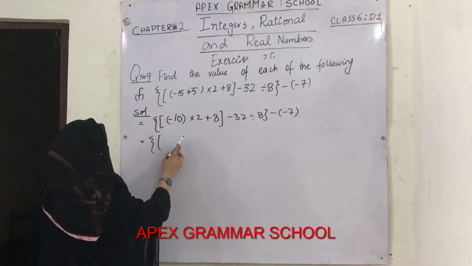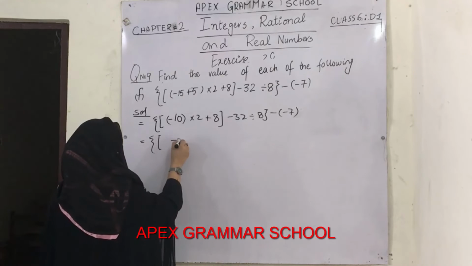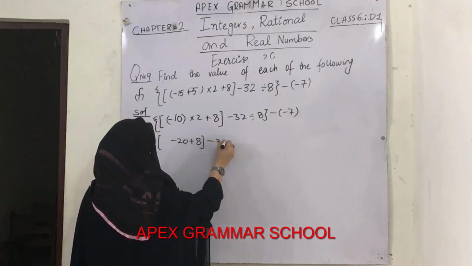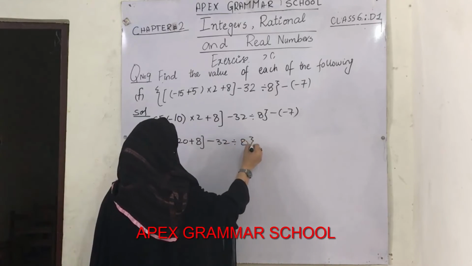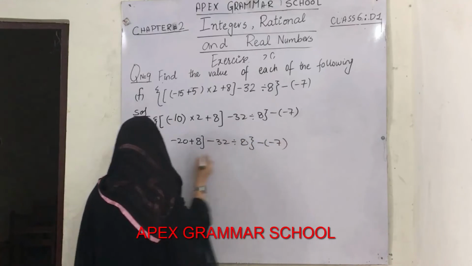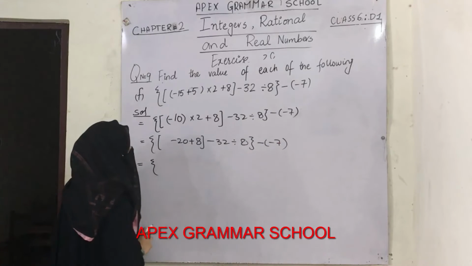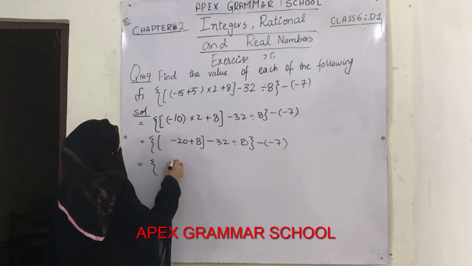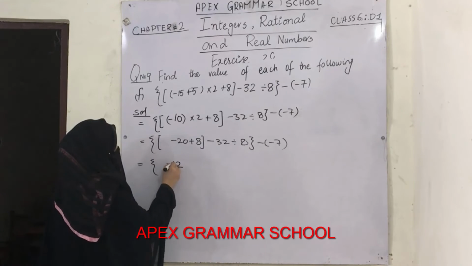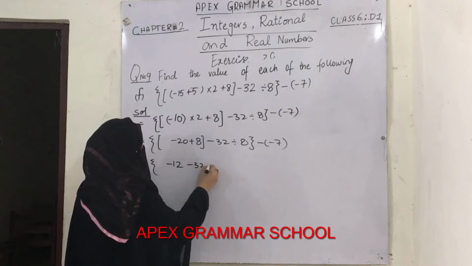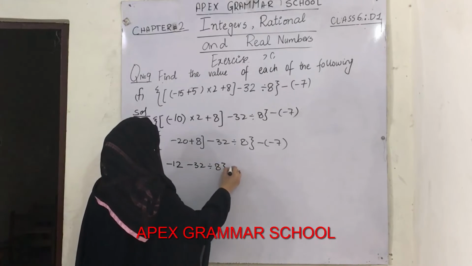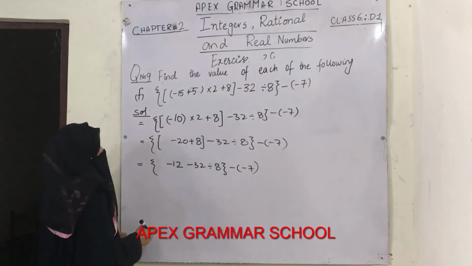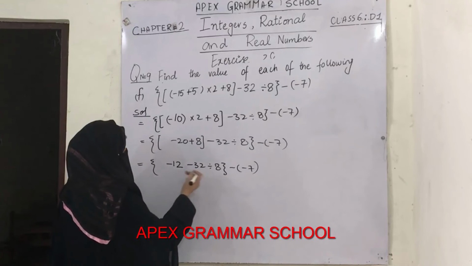Now I am going to multiply them. Minus 10 into 2 is minus 20 plus 8 minus 32 divided by 8 minus into minus 7. Minus 20 plus 8, both of the values are having opposite sign, which means I have to subtract, and when you subtract you will get 12 and the sign of greater value will come. Minus 12 minus 32 divided by 8 minus into minus 7. Now in this bracket there are two operations. So first I am going to solve the division.